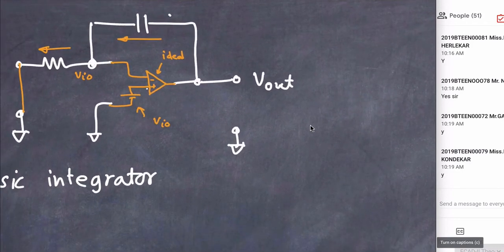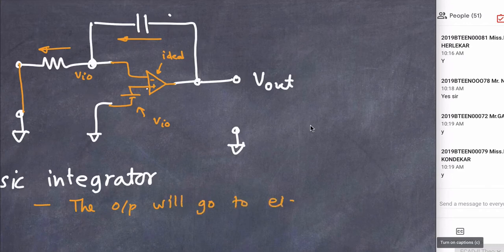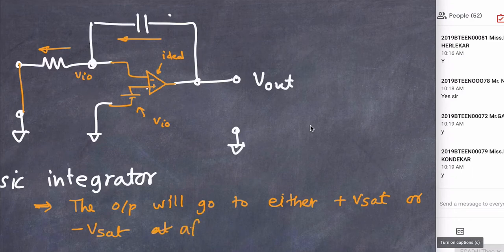So what is the problem with basic integrator? Write down this. The output will go to either plus V sat or minus V sat after power on, without any input.